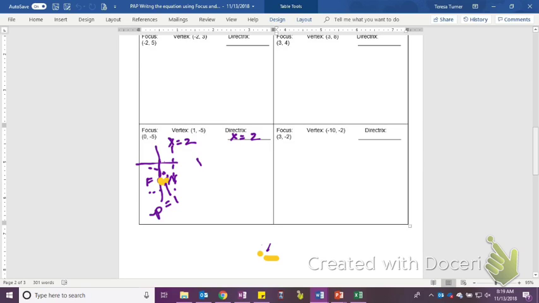It's horizontal, so it's an x equals 1 over 4p, where p is 1, times y minus k, which is negative 5, so y minus a minus is plus, and then plus 3 plus h, which is 1. So that's the equation that we can write given the vertex and the focus.